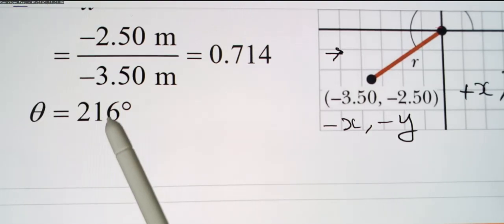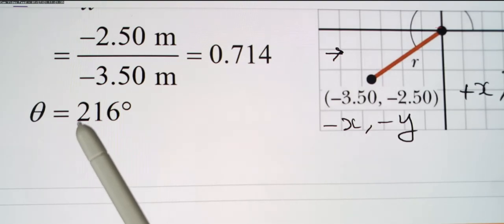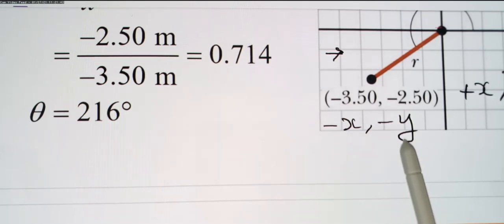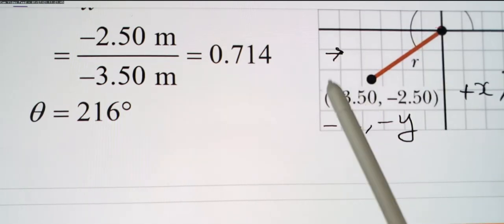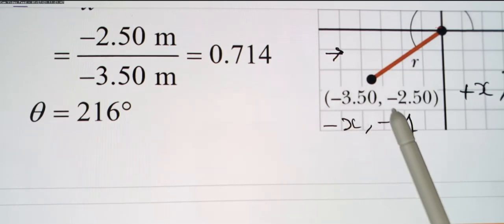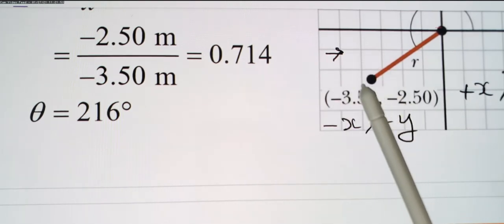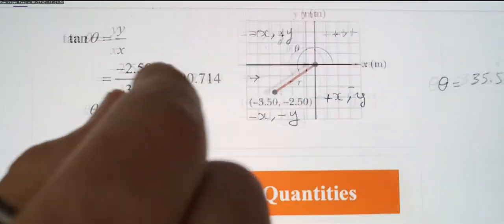Theta will be 36 on the calculator. But in reality, we know because x is negative and y is negative, it should be in this quarter. So how to transfer your angle from 36 to this quarter? You add 180 to the angle.